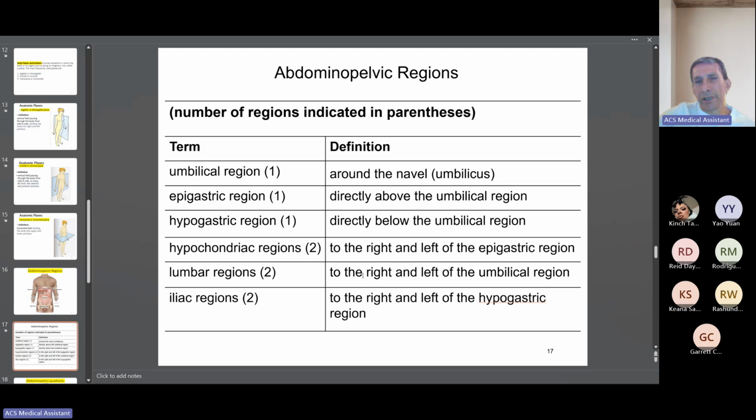We have 1, 2, 3, 5, 7, 9. See? 2 iliac regions, one on the right, one on the left. 2 lumbar regions, one on the right, one on the left, because that's what it says right here. 2 hypochondriac regions, one on the right, one on the left. We have 1 hypogastric, 1 umbilical, and 1 epigastric. So right here it says umbilical.